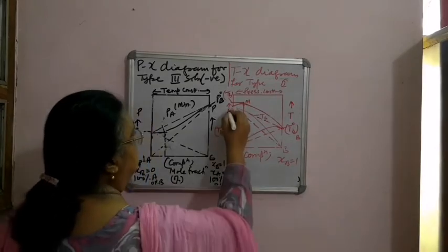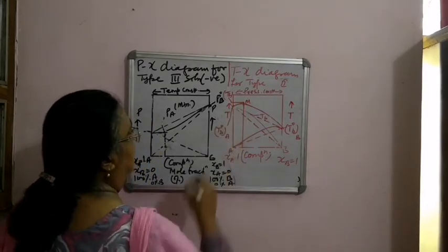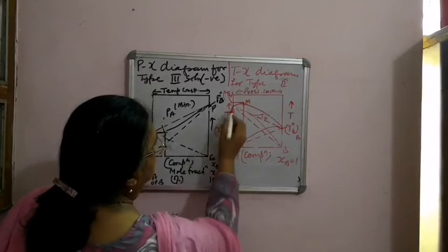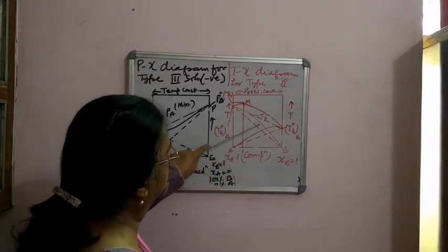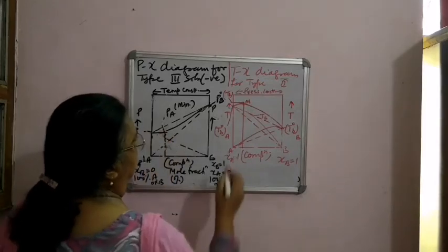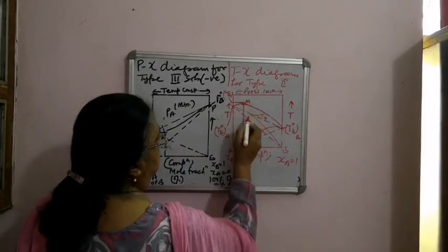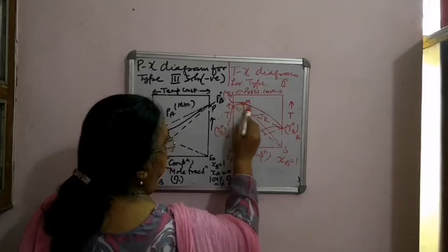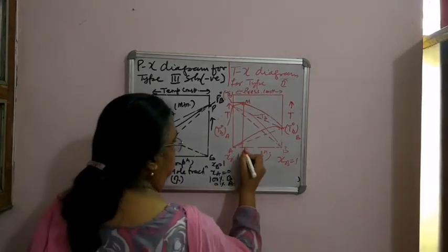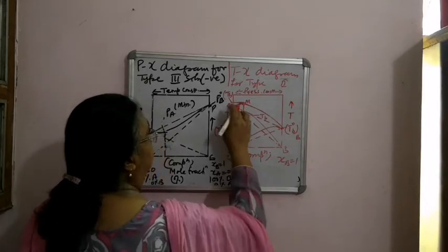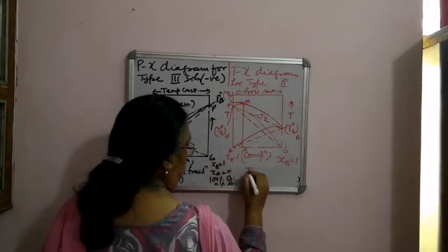So this solution which we have here is your non-ideal solution, and at this particular point, when composition is so much, the boiling point is TB.